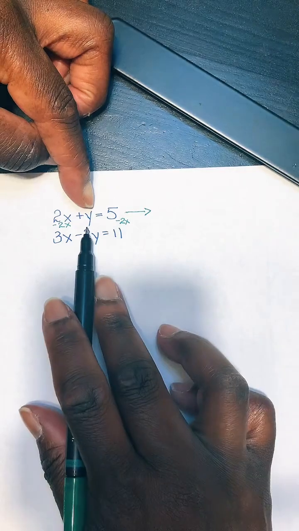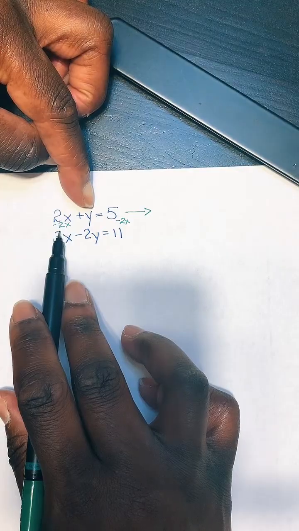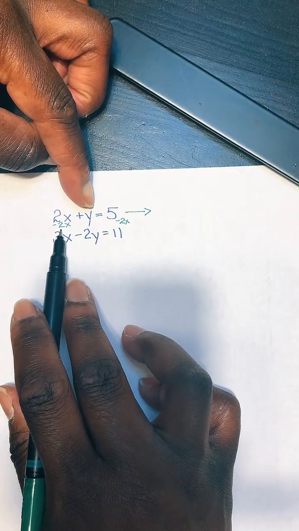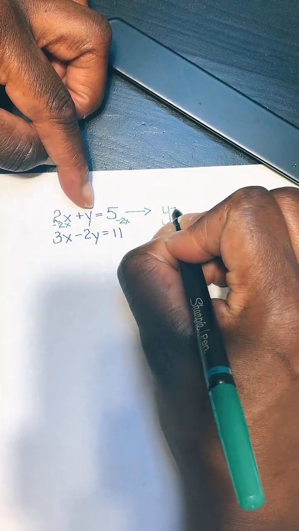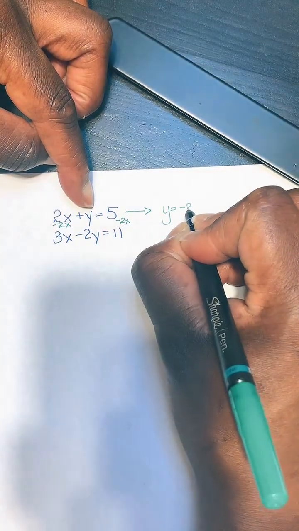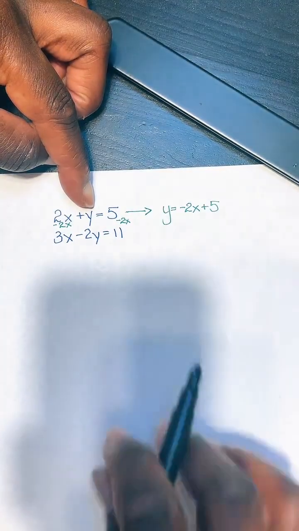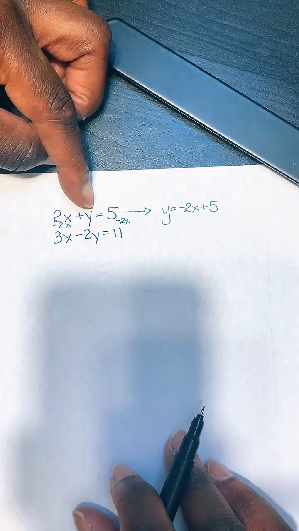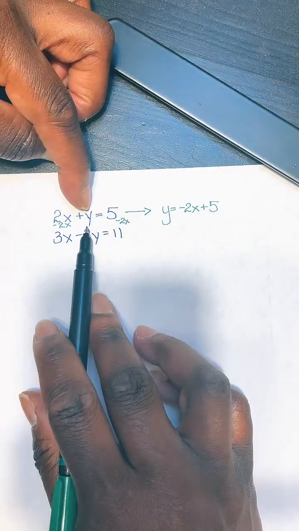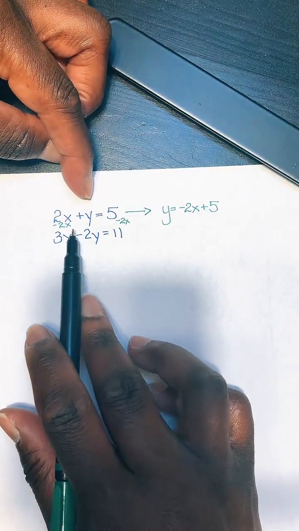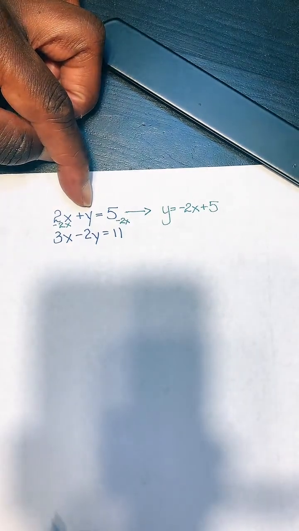My 2x is positive, so I have to do the opposite, which is negative 2x. So the equation is going to be y equals negative 2x plus 5. We just had to do one thing for complete isolation.